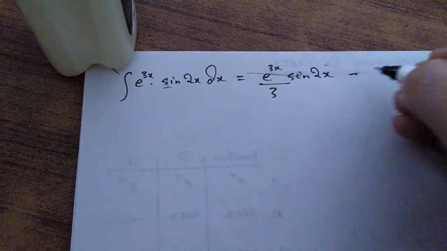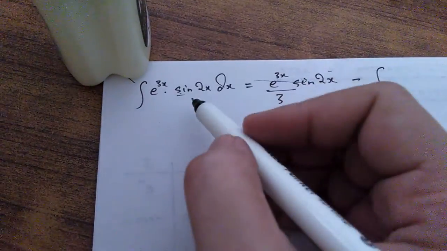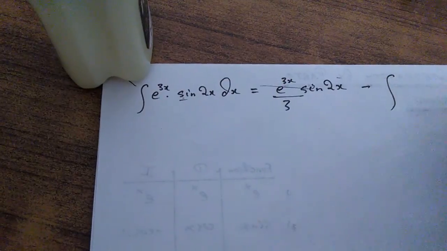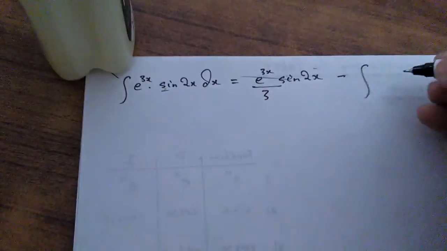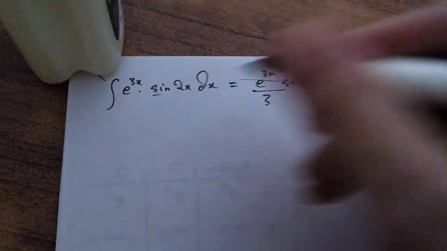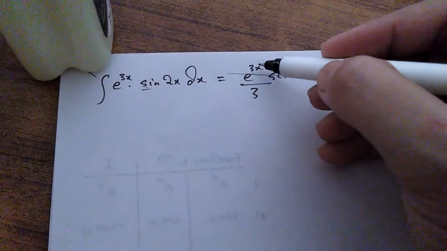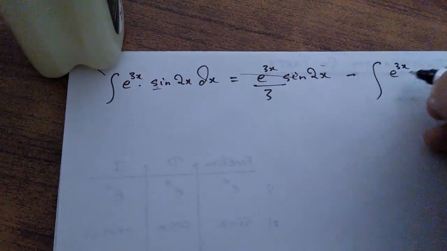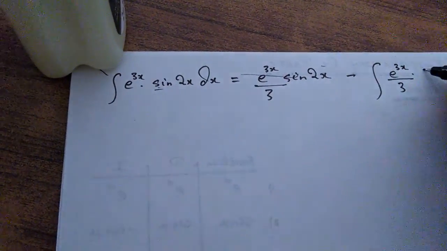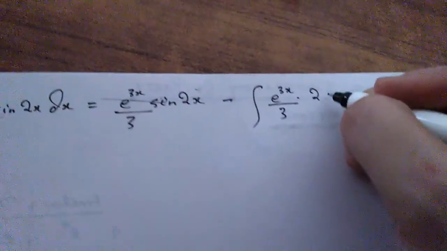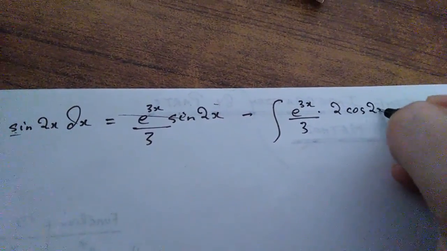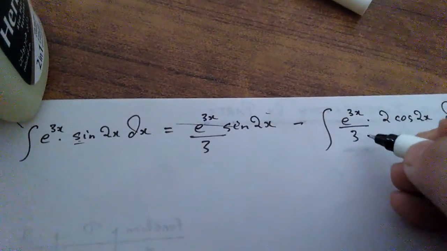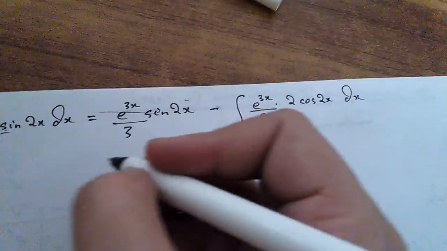Alright, minus integral, and over here the f dash x was my 2 cos 2x, if you remember, and capital G was exponential power 3x upon 3. So let me write. Okay, so 2 upon 3 is going to be written outside the integral.